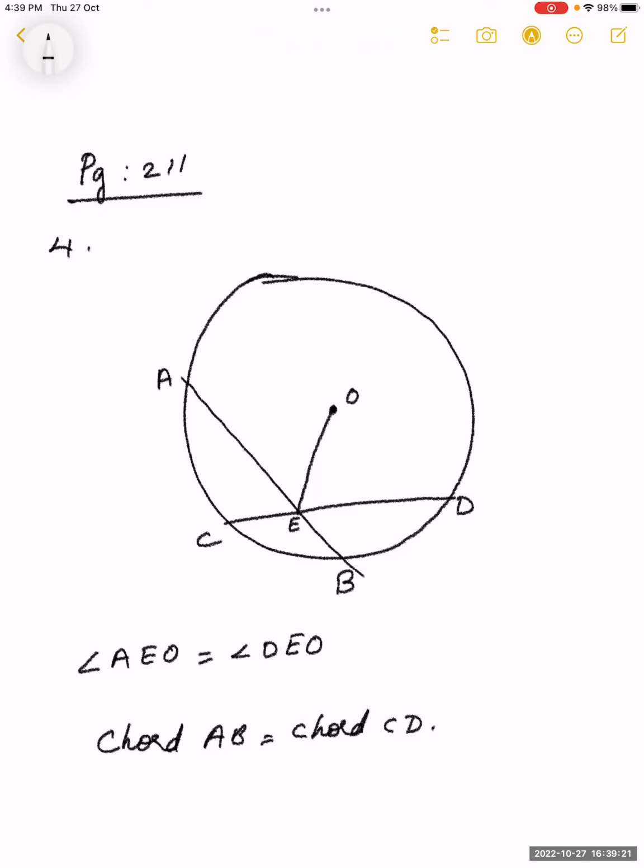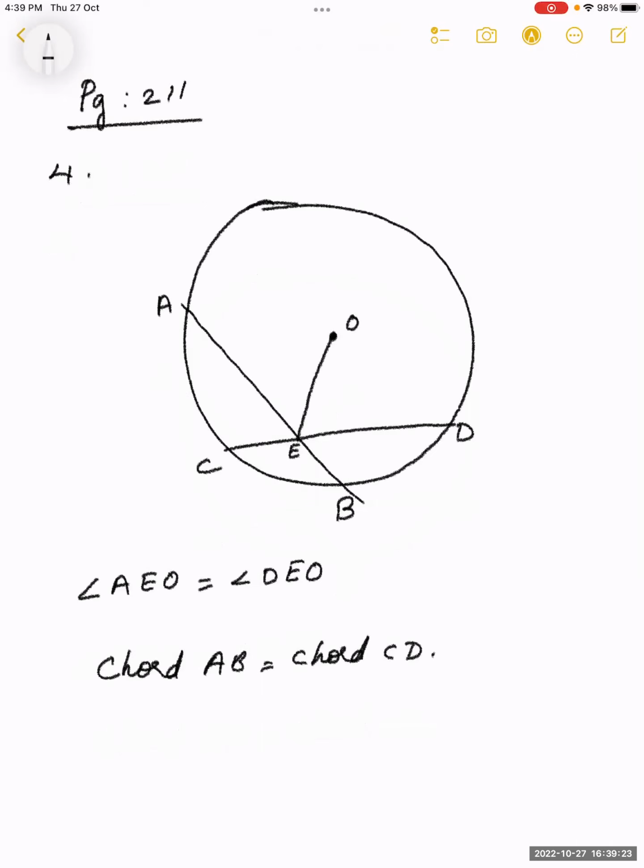So what you need to do here is, when they are asking you to prove chord AB and chord CD are equal, there is a condition that we have learned about equal chords. When will the chords be equal?